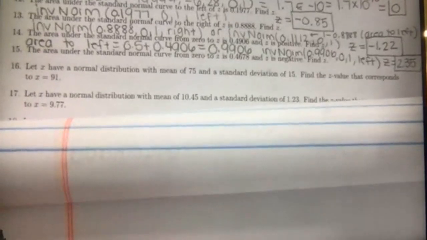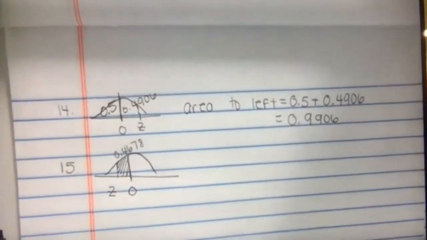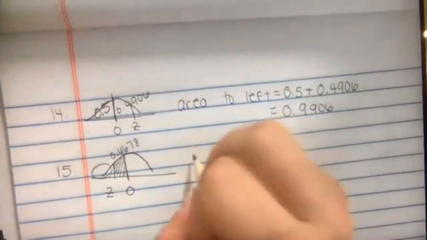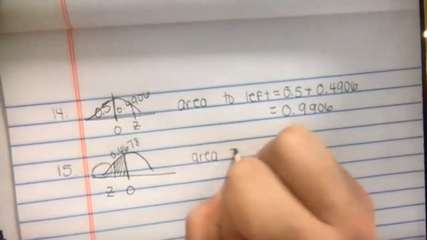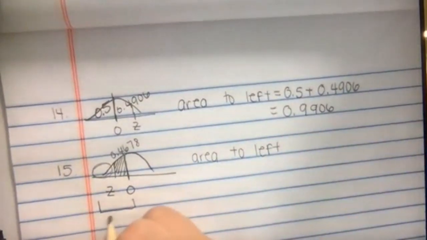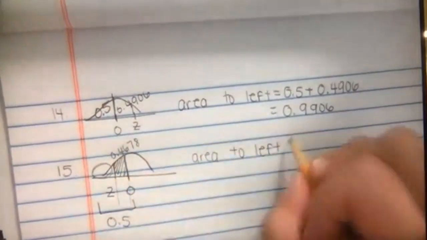So from 0 to z, this is what they give us, 0.4678. So I want to find the area to the left of z. This is what I'm looking for. So our area to the left, this time I know this whole half is 0.5, but we're taking out this section, so I can subtract.